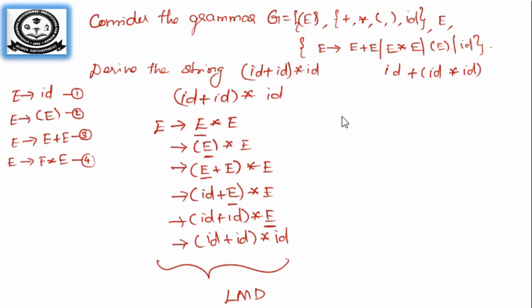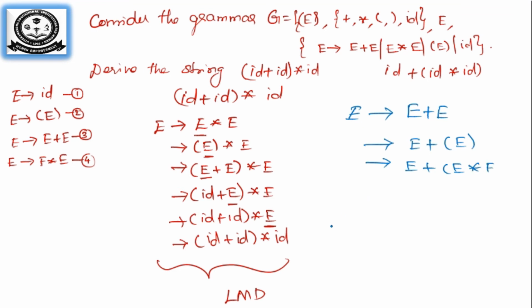Now I will give an example for a rightmost substitution. You take E is equal to E plus E. Which rule is up to you. Then you will have E plus E star E. Now we'll start substitution ID for that.